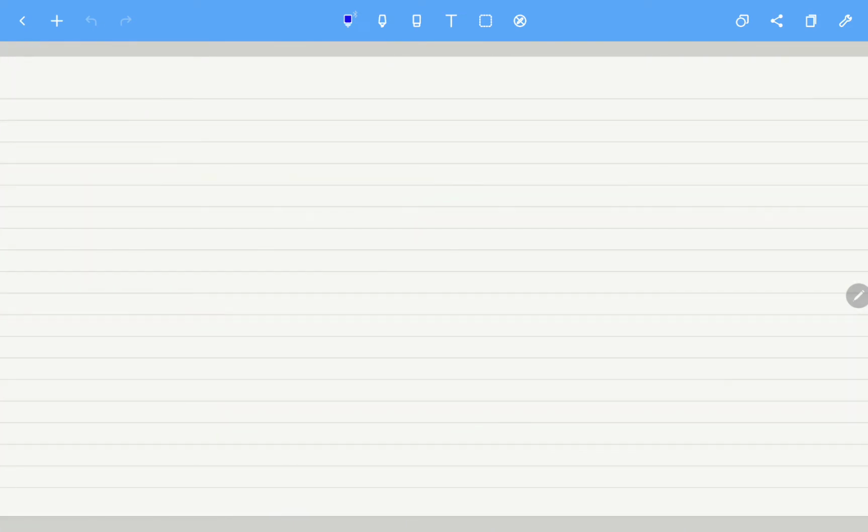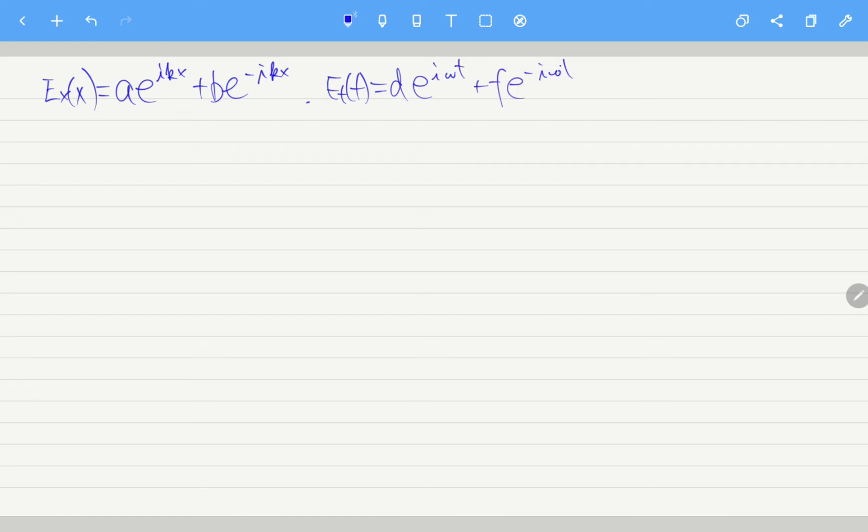So just now I wrote X of x is a exponential to jkx plus b exponential to negative jkx, and then T of t is, not c since c is the speed of light, d exponential to j omega t plus f exponential to negative j omega t.